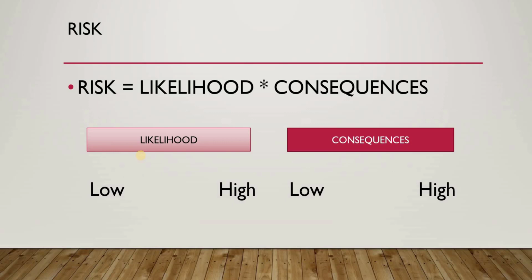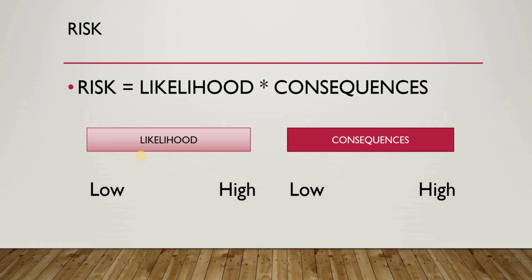Now, risk is basically the likelihood and the consequences. That likelihood might be low, it might be high. That consequence might be low, it might be high. For example, if a person got injured a little bit, then we can say that the consequences are low. If there is a serious injury, we can say that the consequences are high.